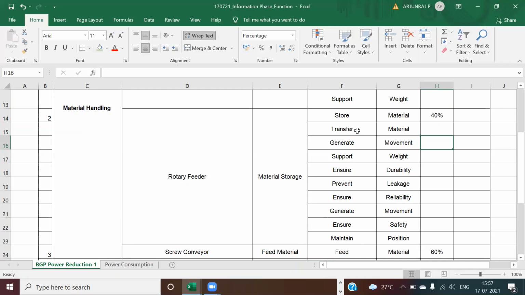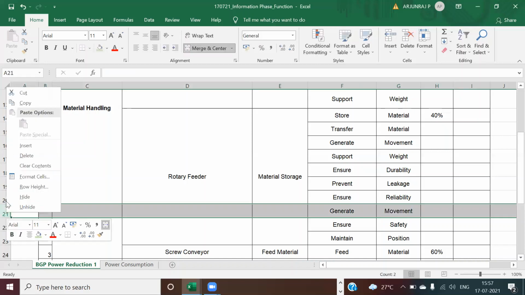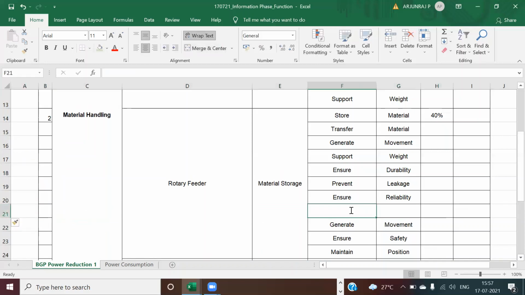It is going to put it into the conveying system. It also generates rotation, right? It rotates, and it can be assumed as a uniform feeding to a screw conveyor.